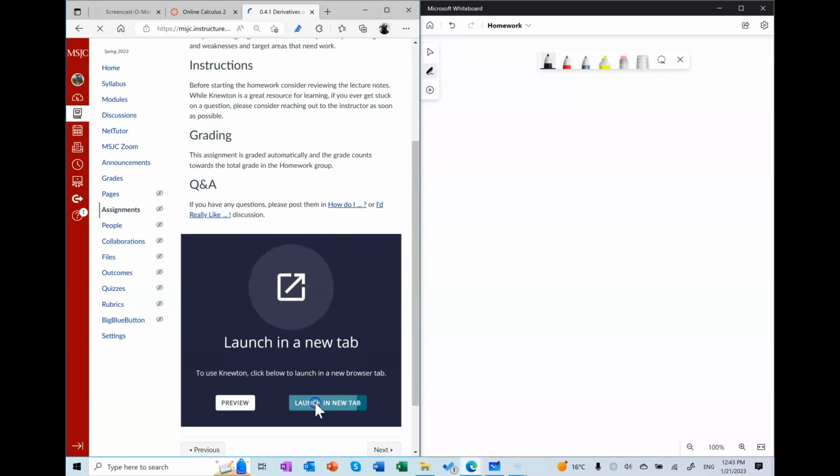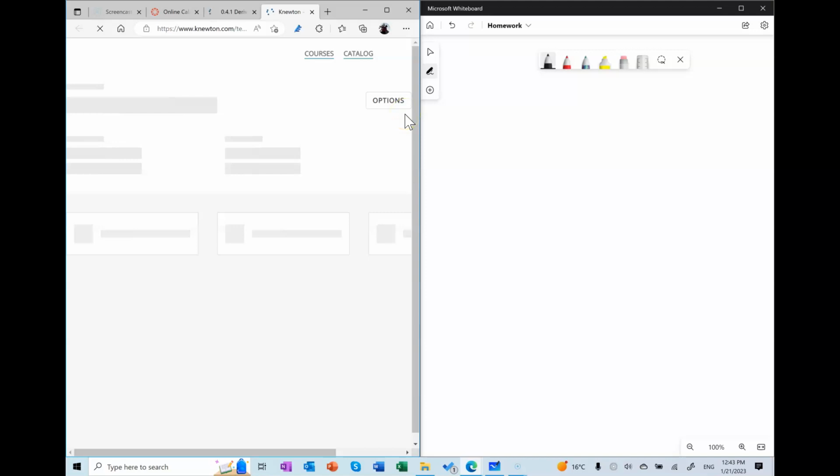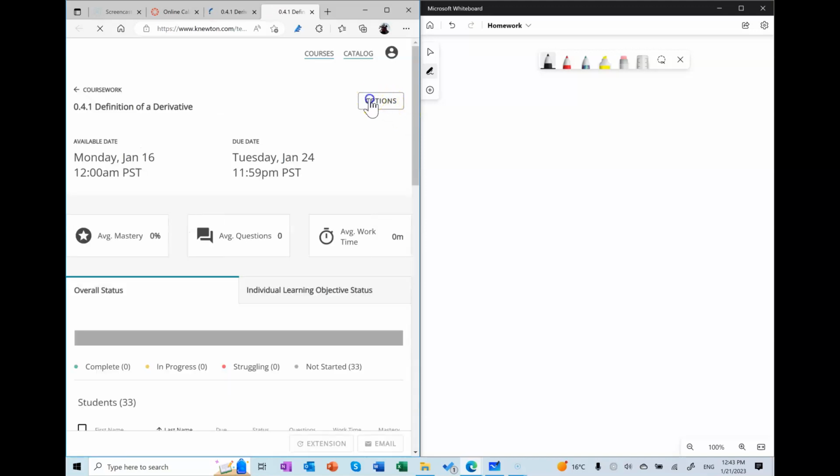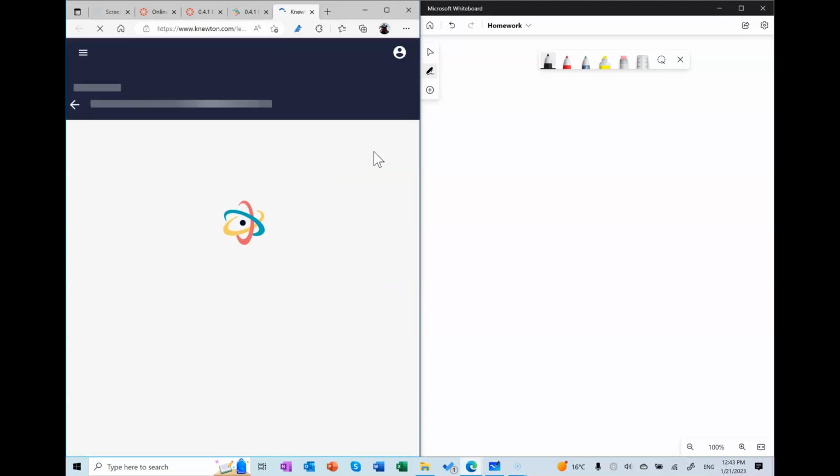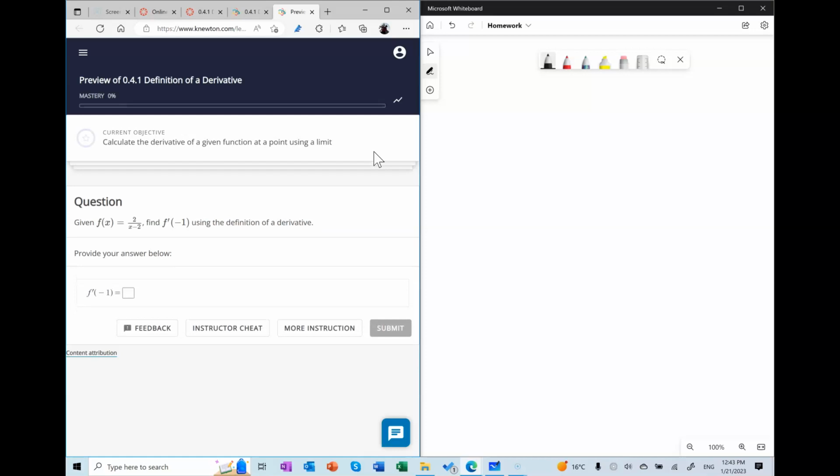But what you are expected to know here is the geometric interpretation of a derivative and the definition of a derivative as a limit, and there is more than one way to write that. You are also expected to know the derivative of all basic functions, and let's see what's on the homework.